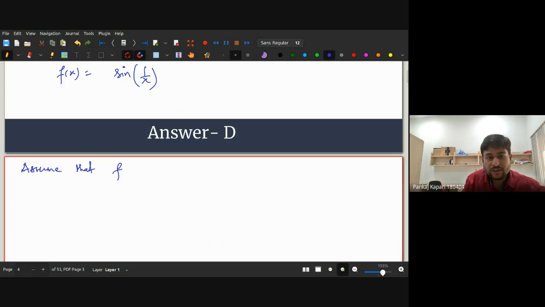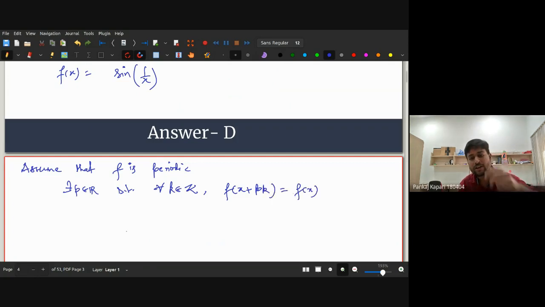So assume that the function is periodic. That means there exists some real number p such that for every integer k, if you just shift the input by multiples of p, that is x plus pk, the function must have the same value.